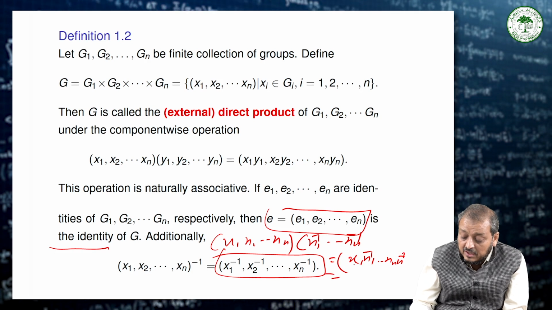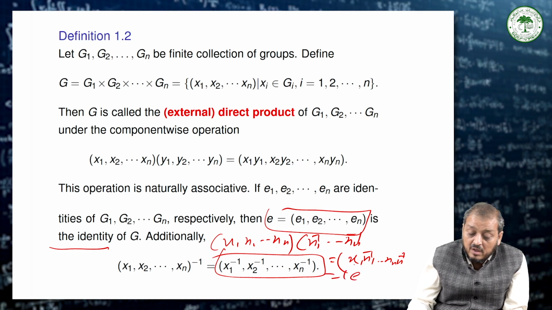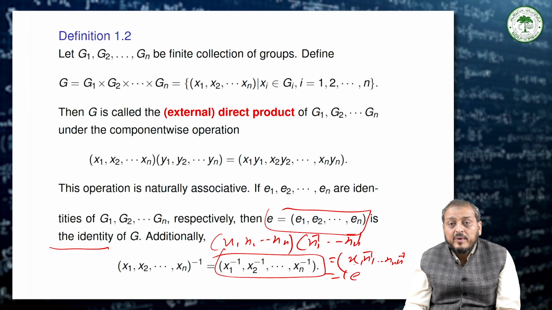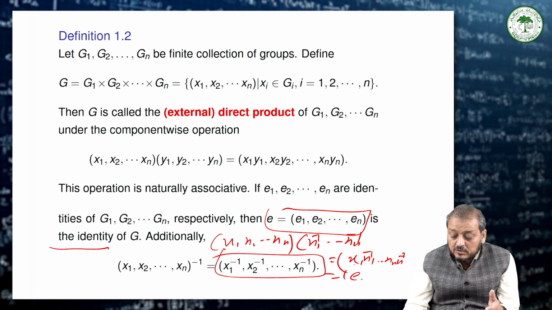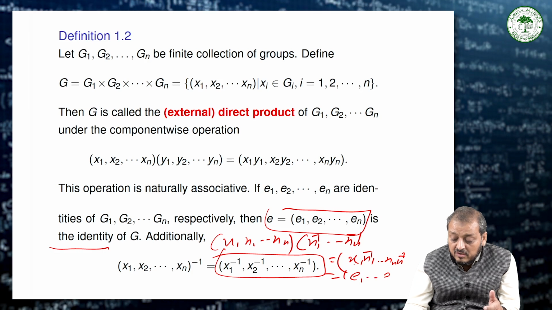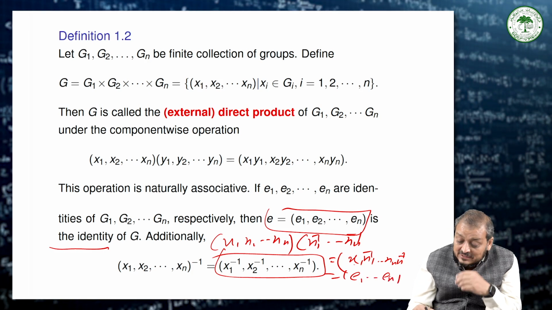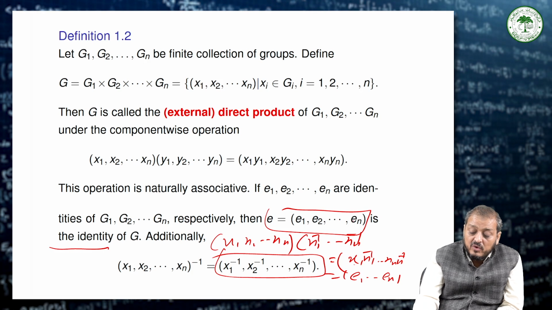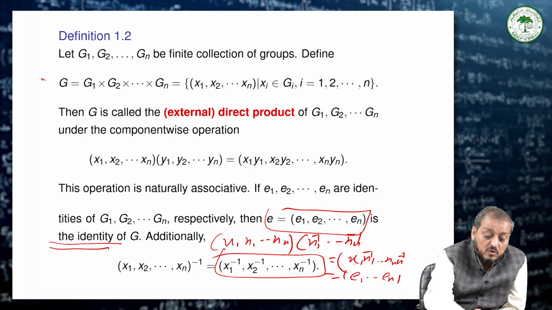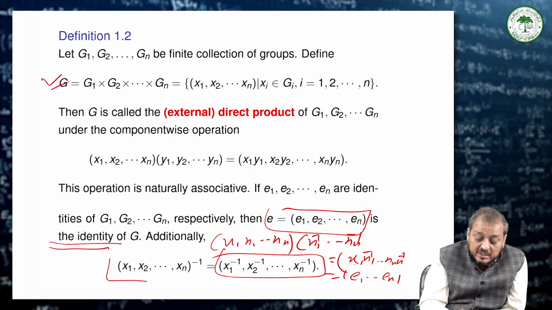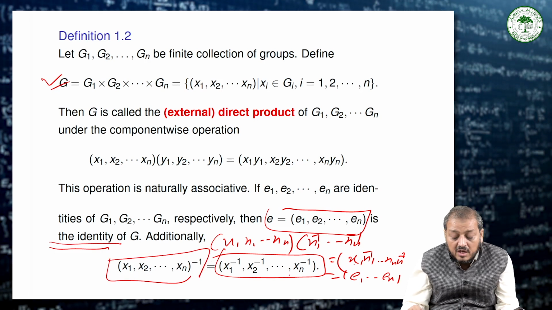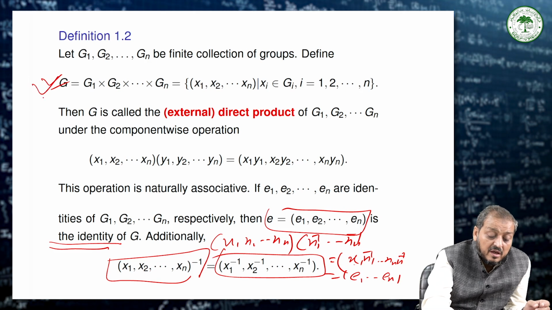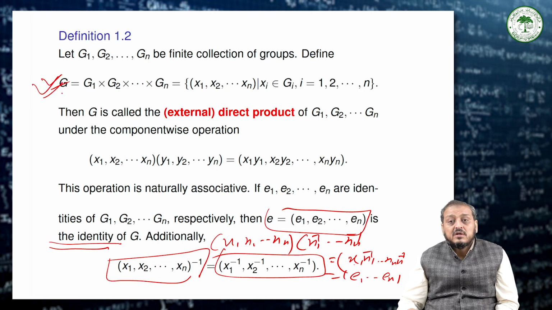This is equal to E1, and so on up to En, because each Gi is a group: x1 is an element of G1, x1 inverse is also in G1, and their composition is E1. So clearly E1, E2, up to En is the identity of this group G, and the inverse of x1, x2, up to xn is x1 inverse, x2 inverse, up to xn inverse.